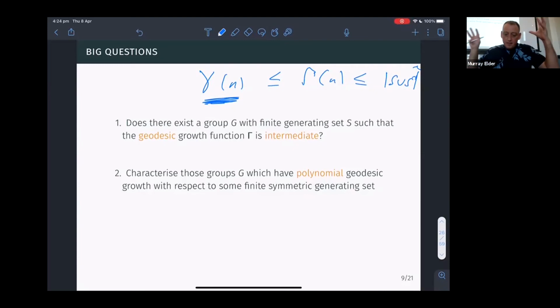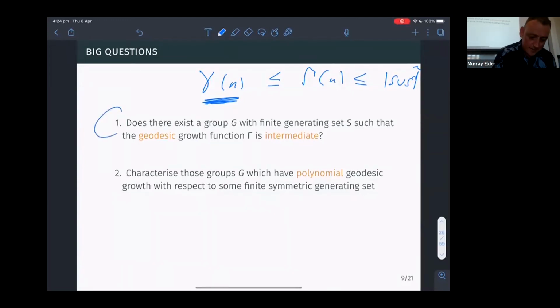So you take maybe an intermediate growth group and you find one where maybe you just have a bounded number of geodesics for each group element. So the Pascal function could be bounded. Or it would be good enough if the Pascal function was polynomial or intermediate, because you've got an intermediate number of group elements multiplied by not too many representatives for each group element.